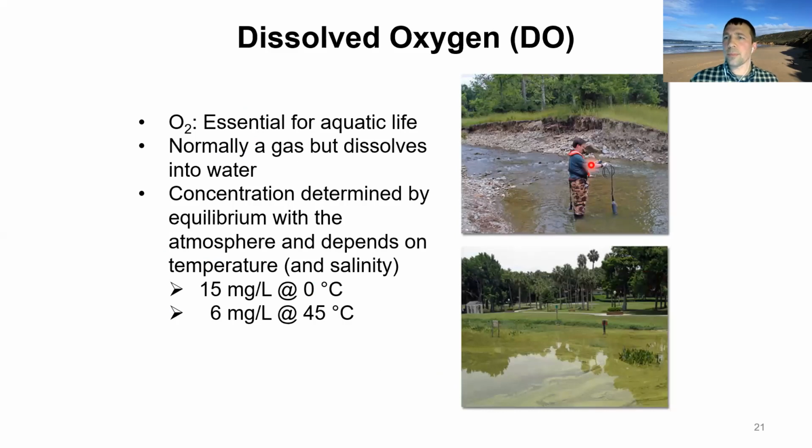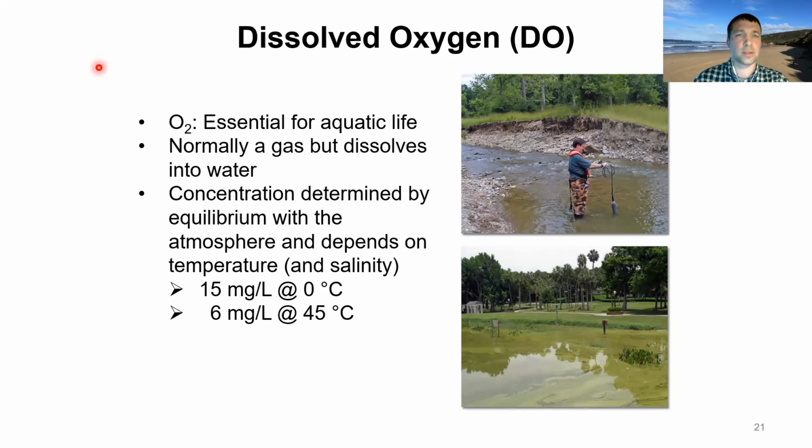One of the first water quality parameters that we're going to talk about is dissolved oxygen. We all know and love oxygen, right? Take a deep breath. Every breath you take, every minute of your life, you're inhaling about 21% O2.